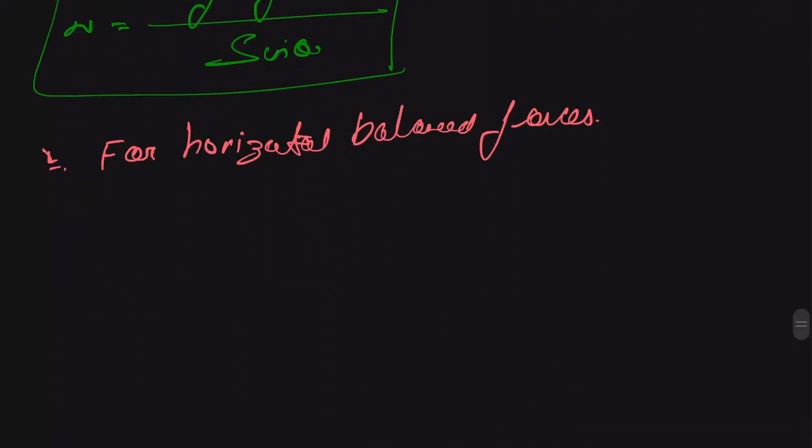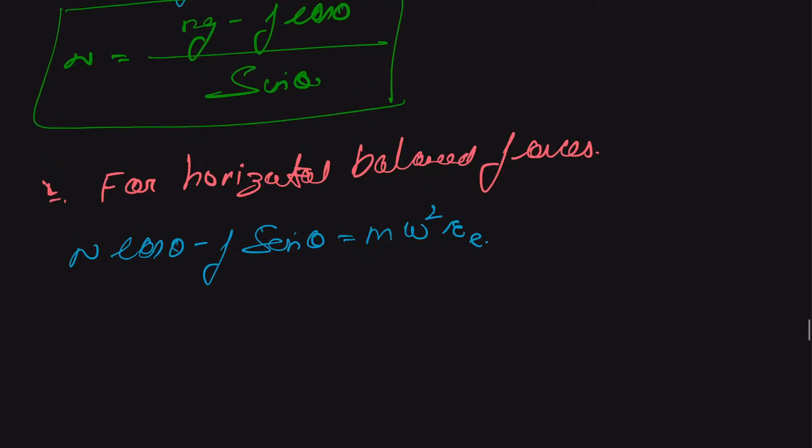Therefore we can write that our N cos of theta minus f sine of theta is equal to m omega square times Re. Okay. And now it is quite simple solution. We got all the equation, we already know value of N, so we are going to put it here.